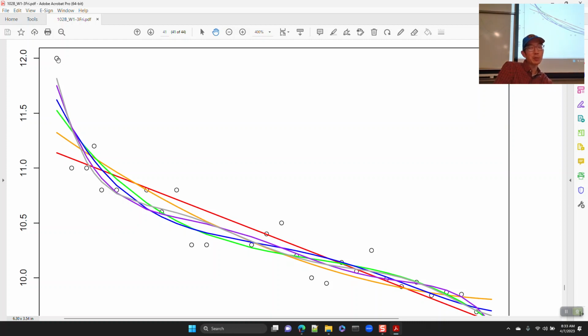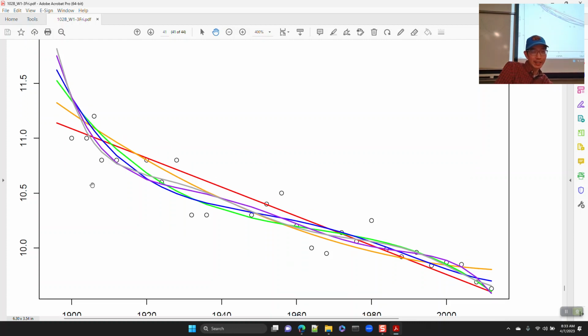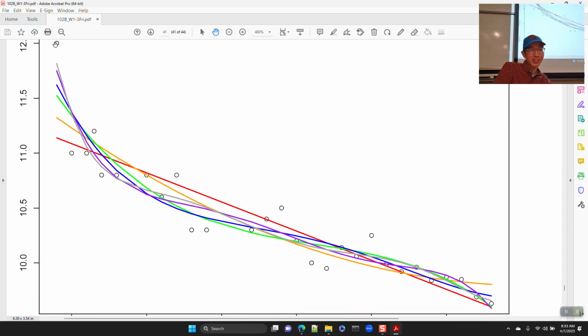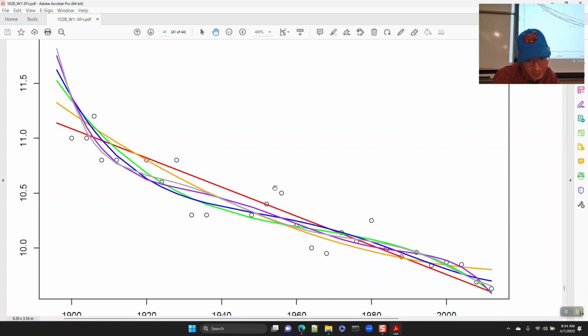In 1896, it was 12.0 seconds versus 11.0 seconds, and then in 1908 they're at 11.2 seconds. I don't know how they measured time, and so a lot of these end up just trying to fit this one unusual point. Maybe we should throw that away, and in between we just have this rainbow spaghetti here.